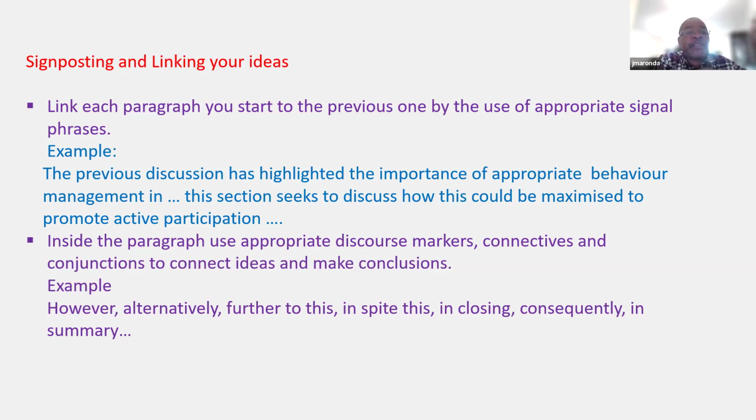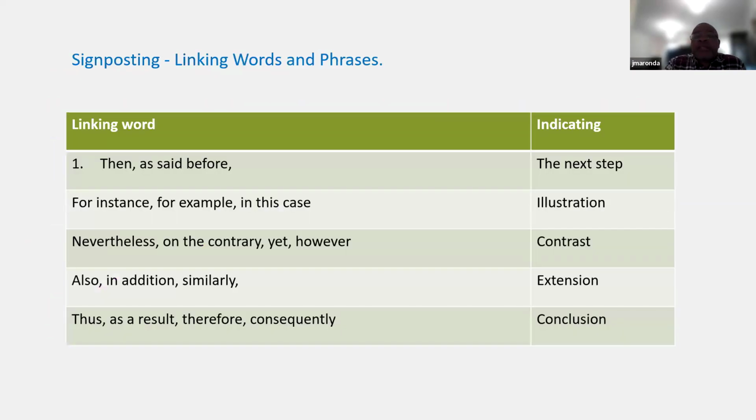For example, you could say, the previous discussion has highlighted the importance of, this section will now focus on. And inside your paragraphs as well, link your ideas using discourse markers, connectives, and conjunctions. These include, however, alternatively, further to this, in spite of this, in closing, consequently, in summary. So here you are closing your arguments, right?